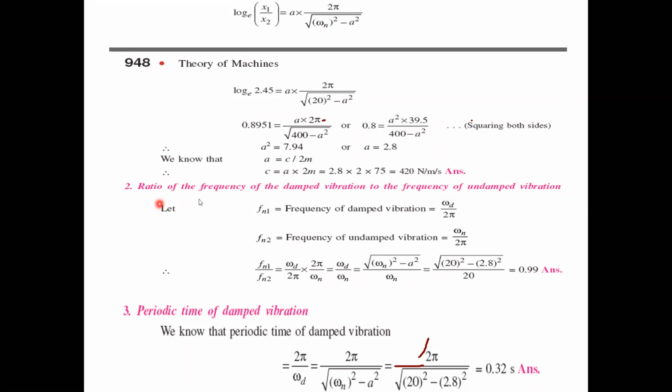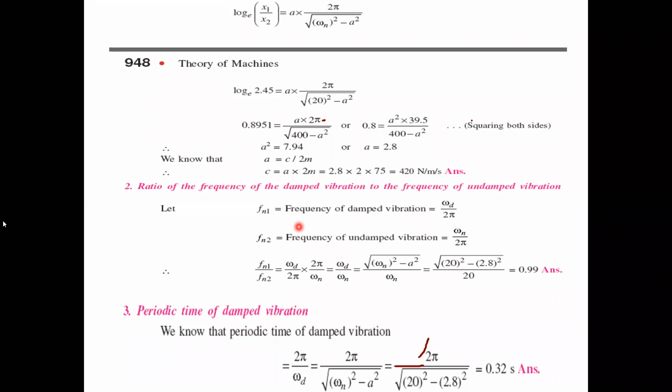Now going to find the second determining value, that is the ratio of the frequency of the damped vibration to the frequency of the undamped vibration. So we have to calculate the ratio of damped vibration and undamped vibration.